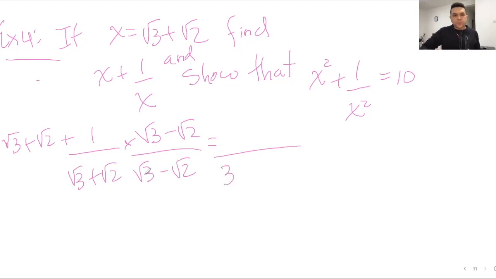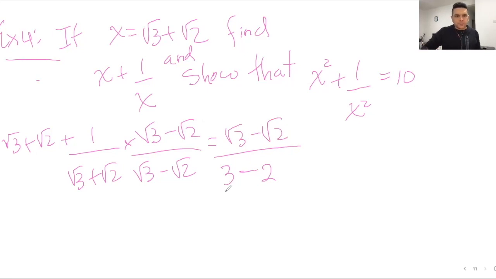This times this is 3. Minus this square is just square root of 2 squared is 2, right? And that's just 1, right? 3 minus 2 is just 1. And then we have square root of 3 minus the square root of 2.